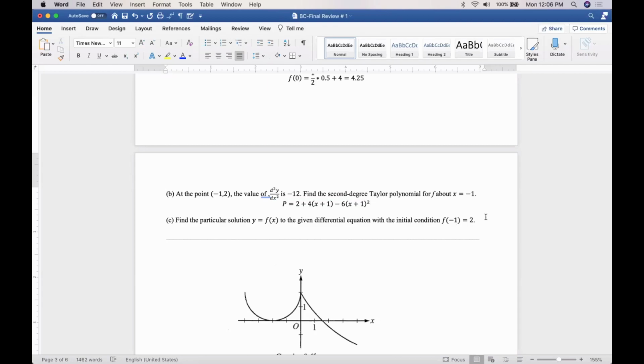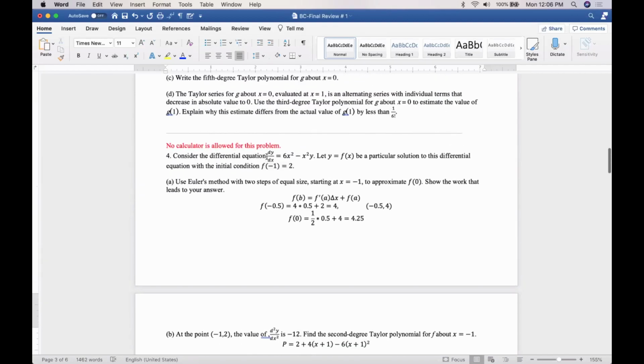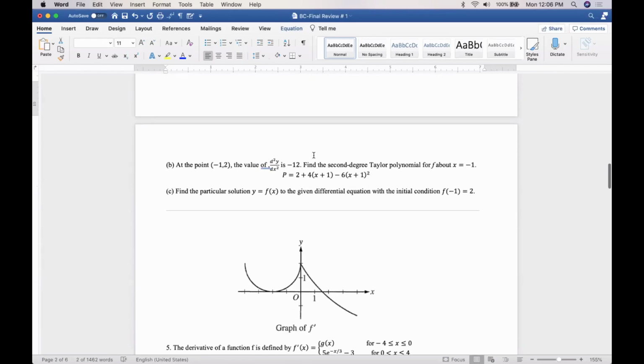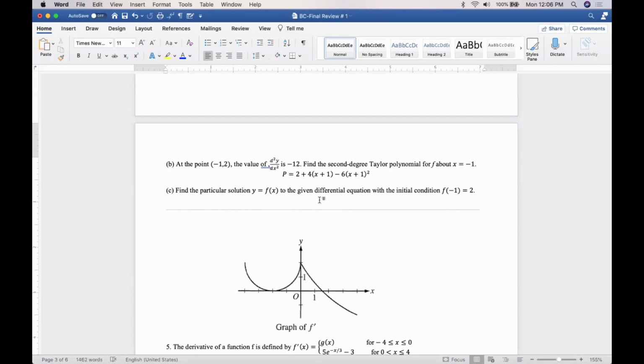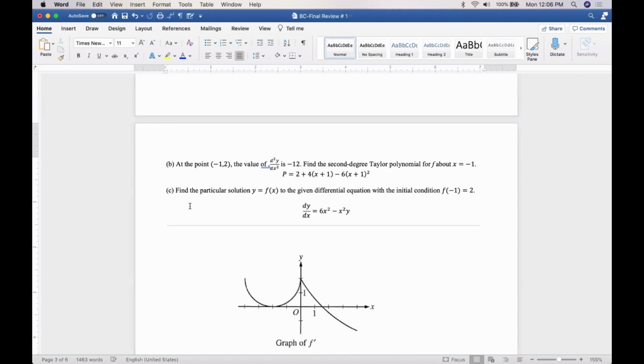Now they want you to solve the differential equation. So I'm taking that and trying to solve the differential equation. Can anybody tell me what steps I should use? Multiply both sides by dx. Multiply both sides by dx. I have another idea.